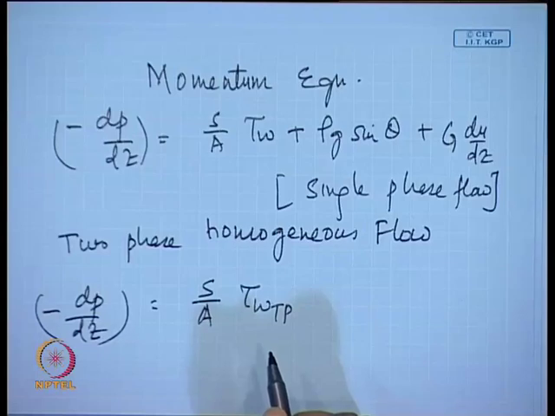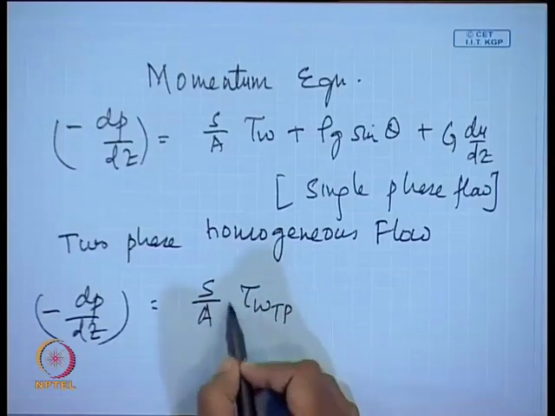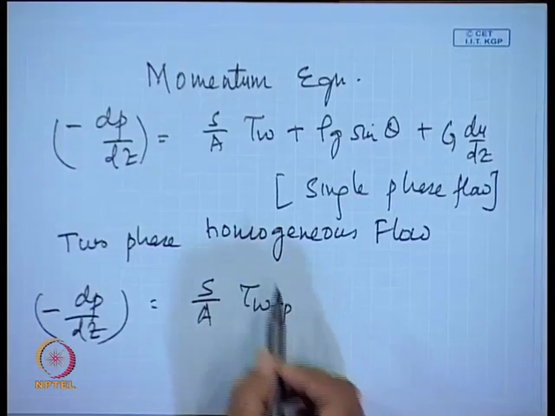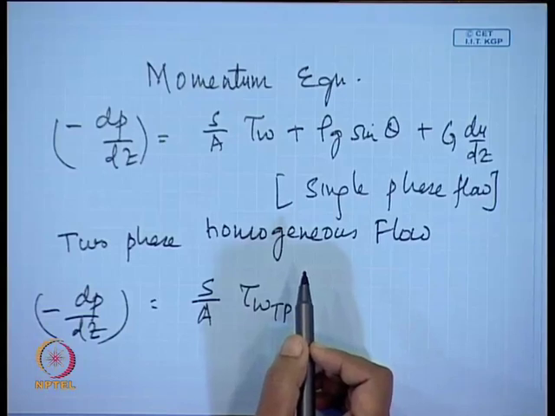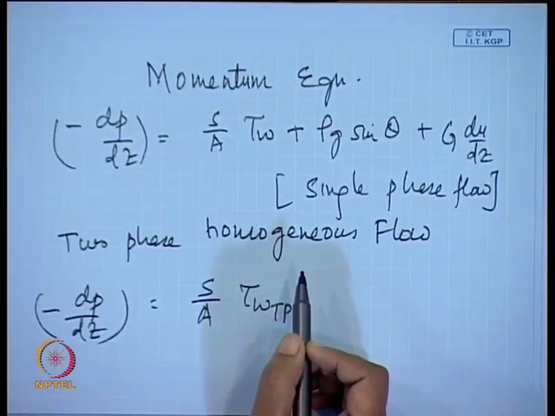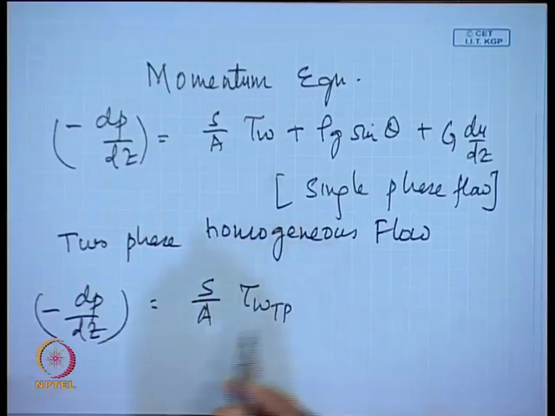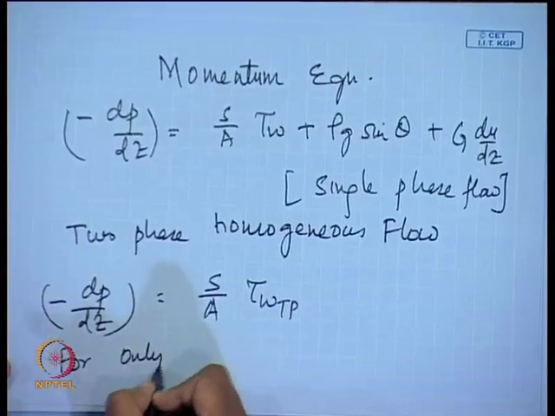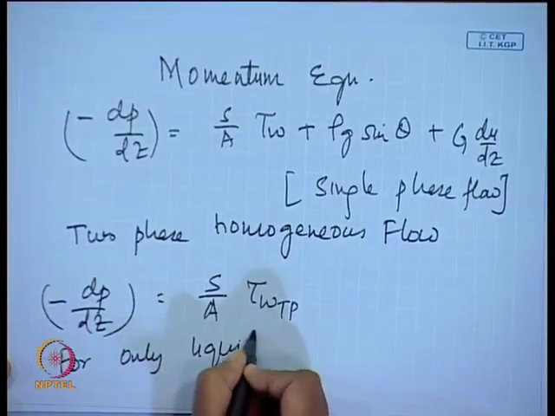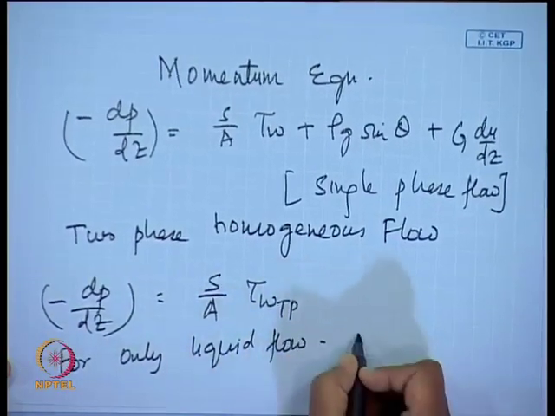Why can we not say that? Because tau w two phase, or rather any wall shear stress, is a function of friction factor. If it is a function of friction factor, it is a function of Reynolds number. For only liquid flow, what is the Reynolds number?